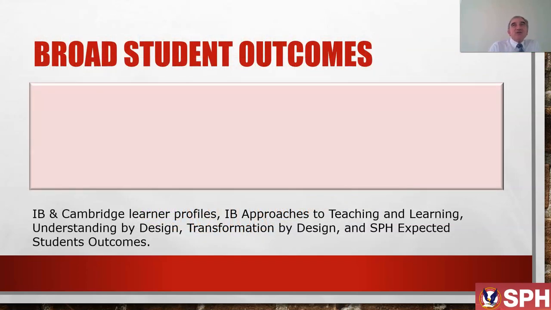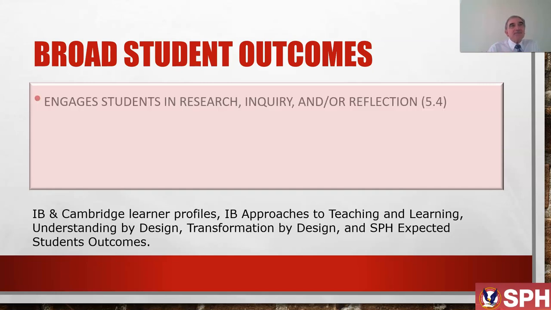Now, I'm going to lump all of these together, the next few objectives. We could do a professional learning on each one of these, but let's just say we've collected them into groups. Let's see what we've done here.